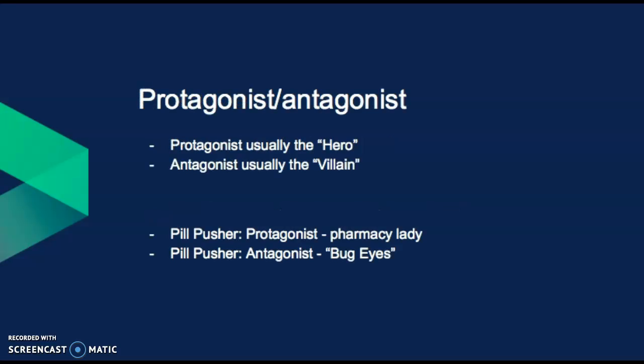The protagonist and the antagonist. The protagonist is the main character and is usually the hero in the text, or the good guy, if you can say that. In this specific text, the protagonist is the lady working at the pharmacy. The antagonist is the complete opposite.